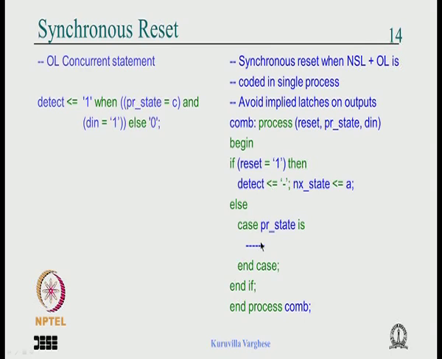Then comes the synchronous reset when you write the next state logic and output logic together. If it is next state logic alone, there won't be a problem. When you combine, you can make a mistake in the sense that you say if reset is 1, then next state gets A, because that's what you want, and you forget all about the outputs, and you say else case present state is, and when H0 you write the outputs, there could be 10 outputs and all the transitions and so on, okay.